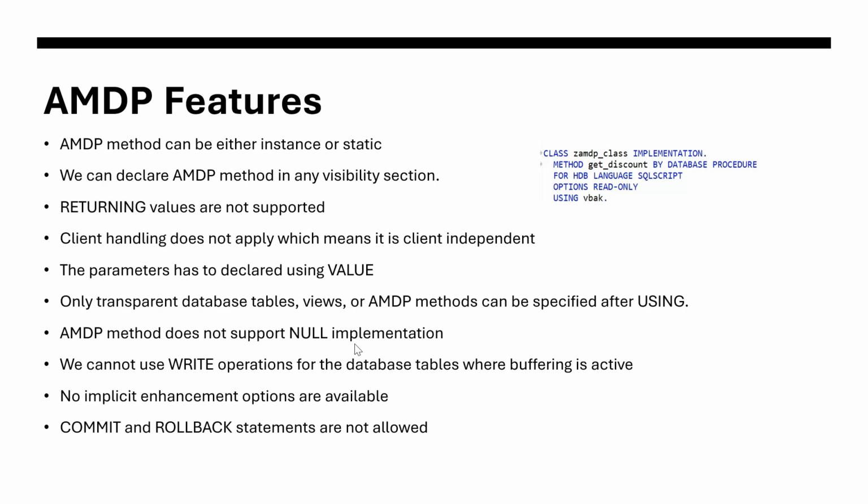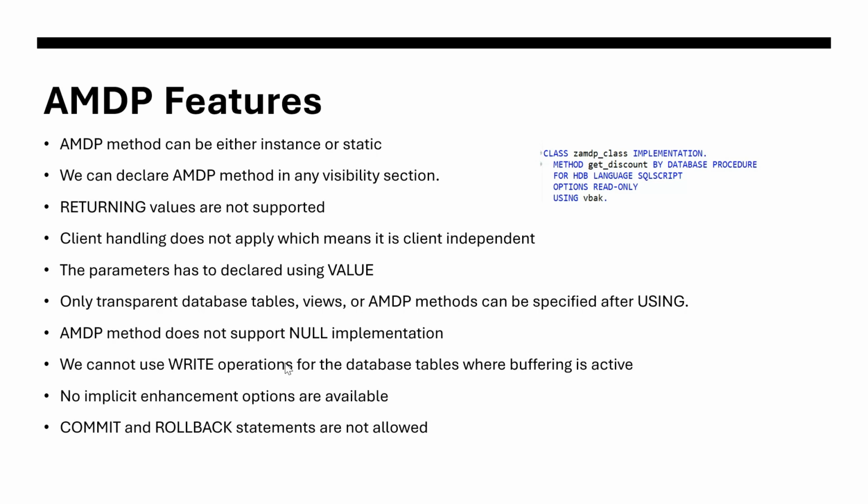And this one also we have seen, like we cannot do the null implementation in AMDP. And one more thing is we cannot do the write operations when buffering is active for a particular table. For the other tables, we can do the write operations in AMDP, but when buffering is active, it is not allowed.